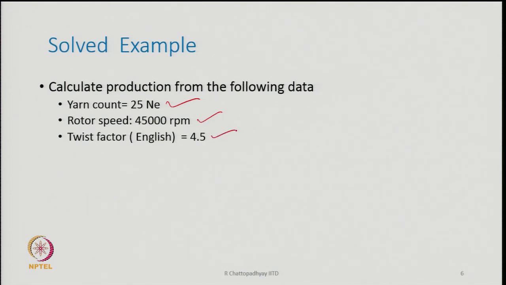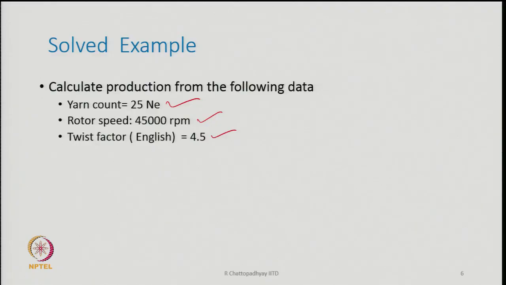From these three data, you are supposed to calculate the production rate, probably per rotor. If we can calculate the production per rotor, we can also calculate the production for the entire machine. For that, we need to know how many rotors are there in the machine. Generally, the number of rotors is close to 200.